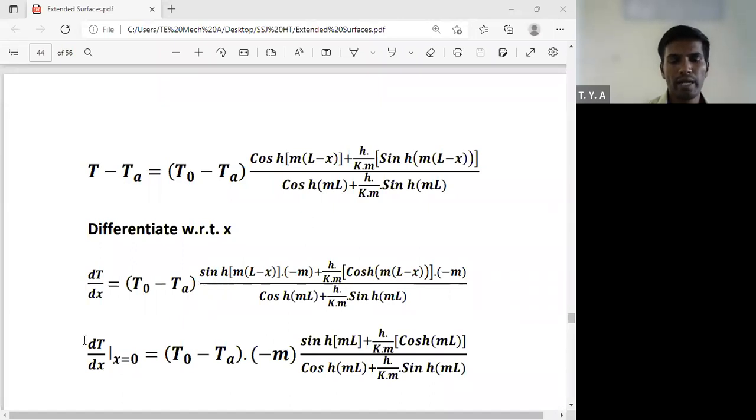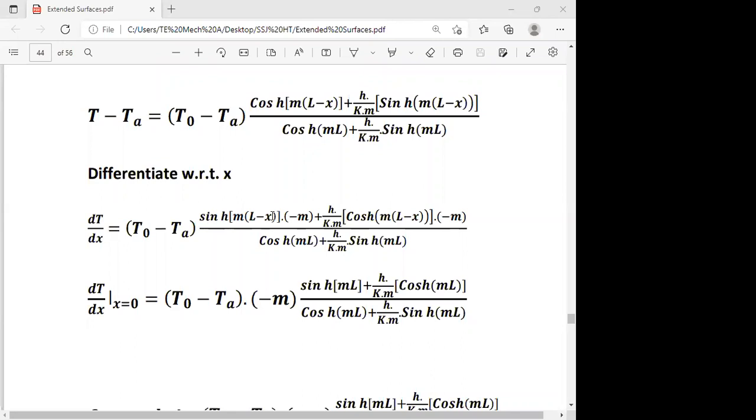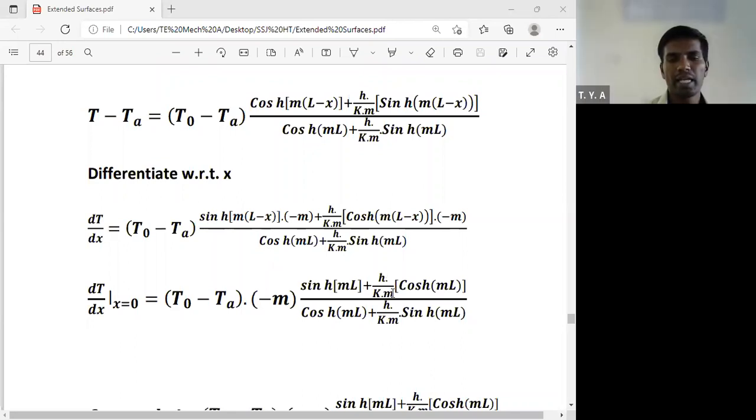So therefore dt by dx at x is equal to 0 is T0 minus Ta into minus m. After putting the value of x as 0, we get sin hyperbolic ml plus h by km into cos hyperbolic ml divided by cos hyperbolic ml plus h by km into sin hyperbolic ml.